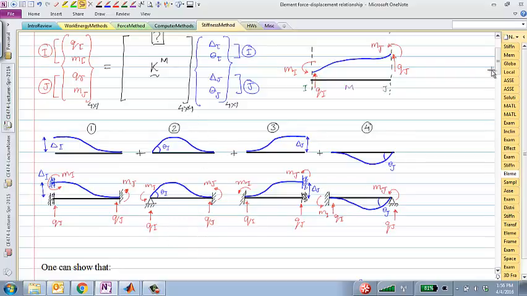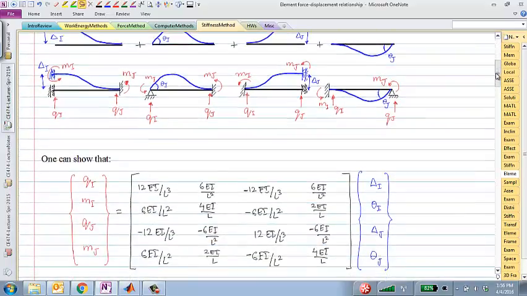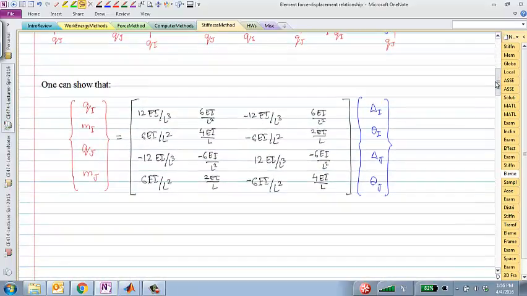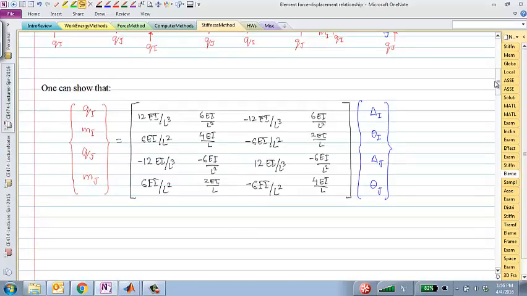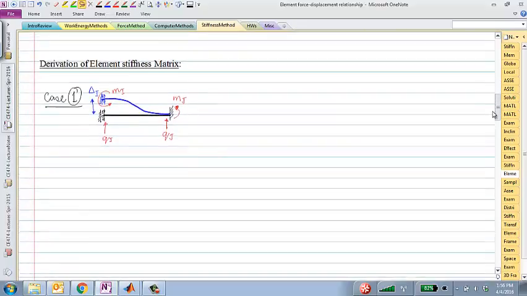So let's make sure we understand what's going on here. I've already actually computed that, and I'm just summarizing it here. This is what the element force displacement relationship should look like. This is the 4 cross 4 matrix that we are going to try to derive now, using 4 cases at a time.